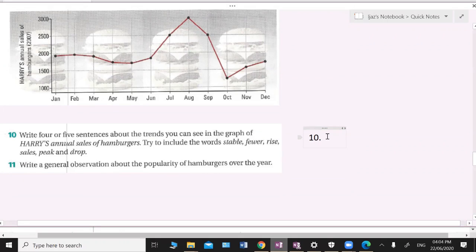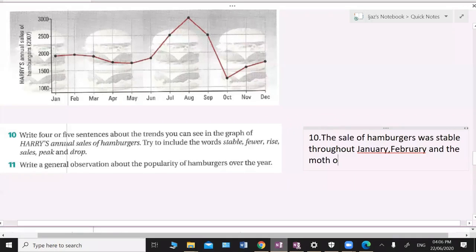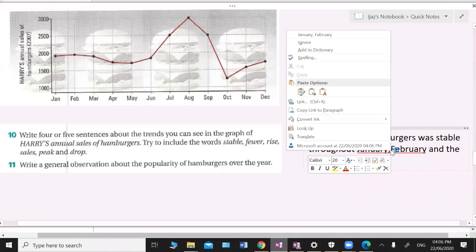In the first 4 months till June, it was stable. I mean, you must explain how many burgers this sold in January, February, March, April till December. So this is the first sentence which you have written.